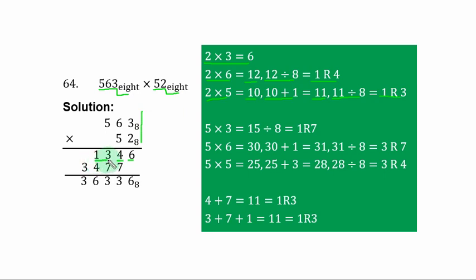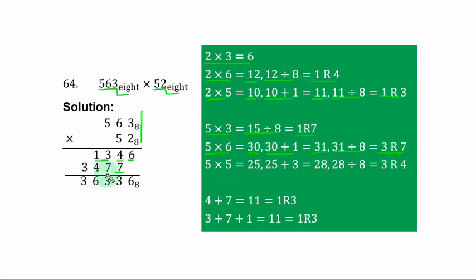You use 5 to multiply. You have 5 times 3 is 15. You divide it by 8 and you have 1 remainder 7. So you write 7 and you take 1 forward, followed by 5 times 6, that is 30, plus the 1 you carried forward, you have 31. 31 divided by 8, you have 3 remainder 7.